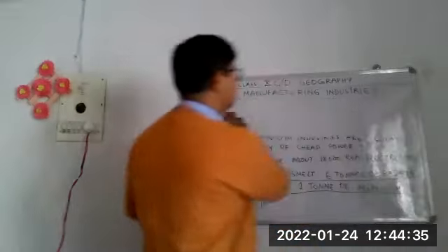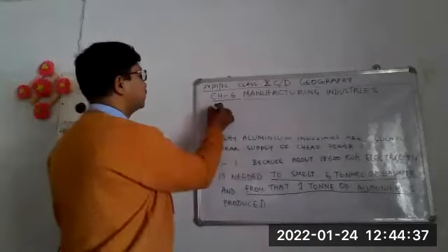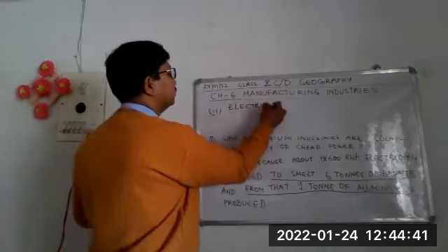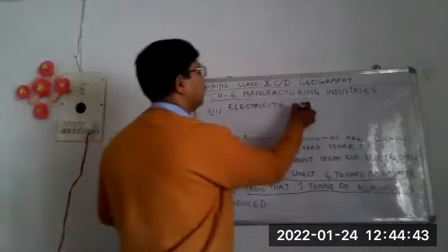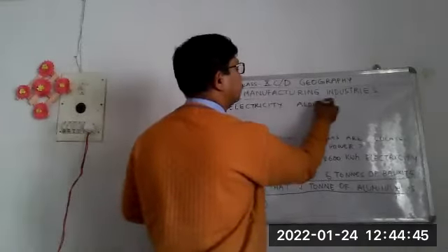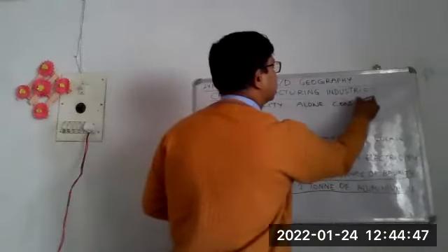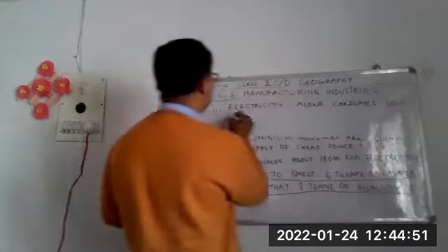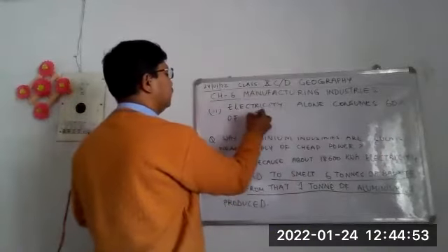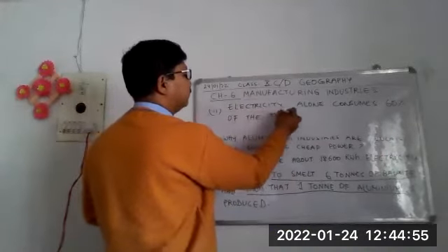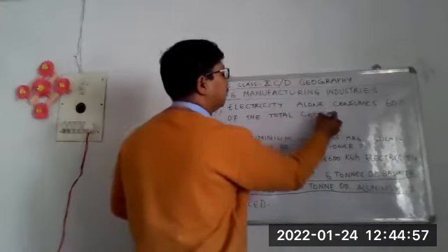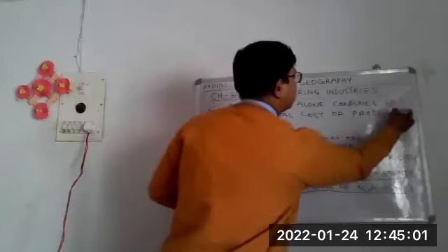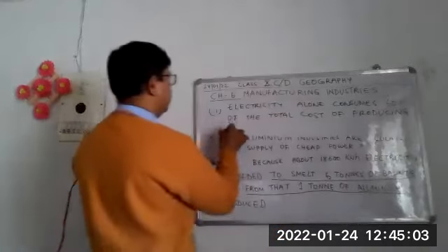Second point, electricity alone consumes 60% of the total cost of producing aluminium.